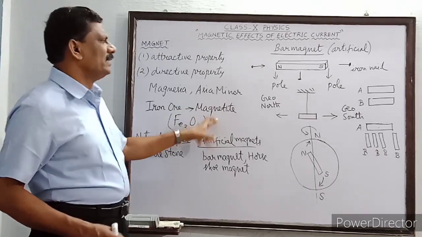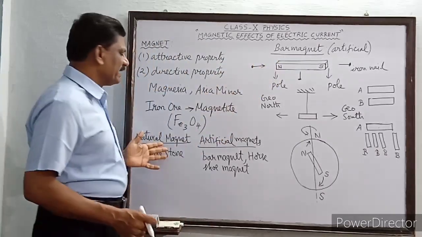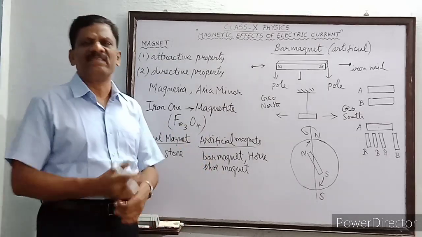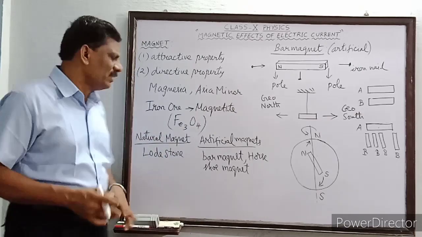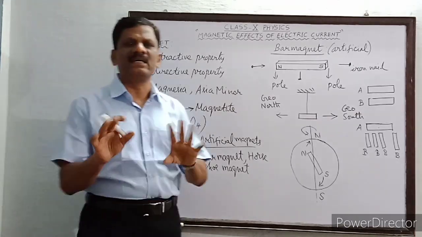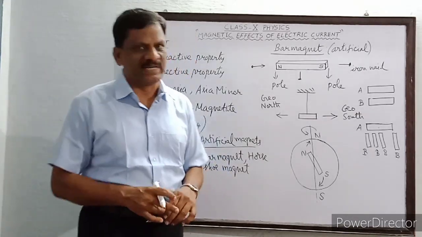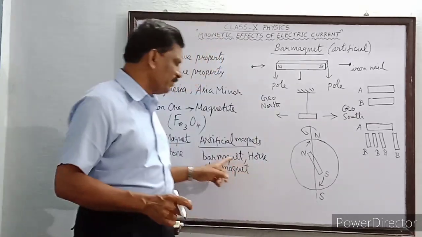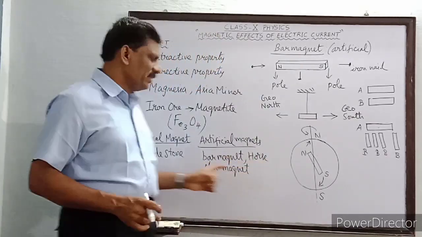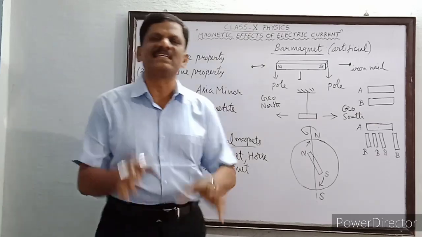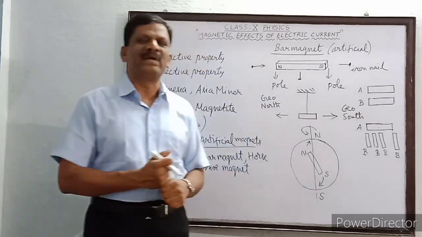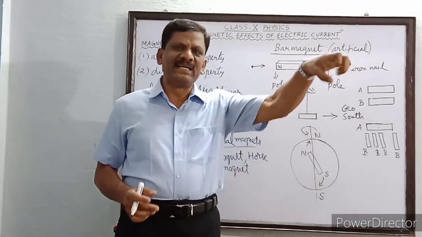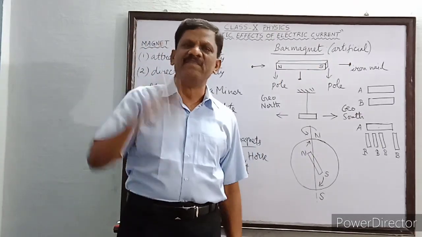There are two types of magnets, namely natural magnets and artificial magnets. Natural magnets do not have a definite shape, while artificial magnets have a definite shape, like the bar magnet and horseshoe magnet. The natural magnet has a fixed strength, whereas artificial magnets can be given great strength. Magnetic cranes can lift heavy trains.